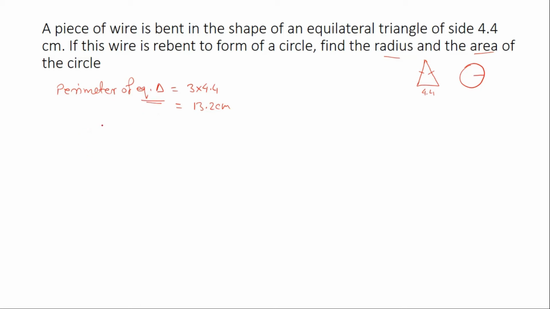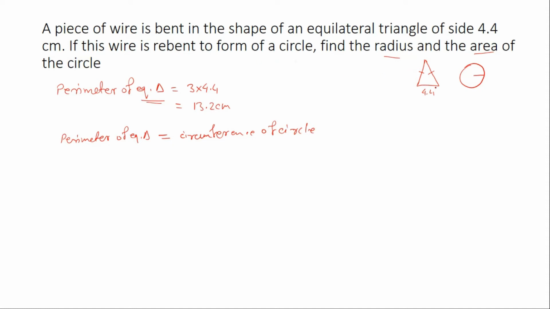Since as per the question, the perimeter of the equilateral triangle is equal to the circumference of the circle, because the same wire is rebent into the form of a circle.